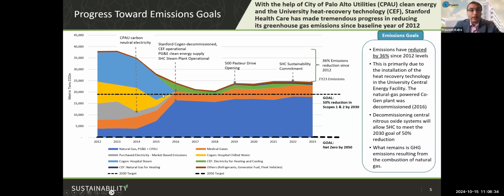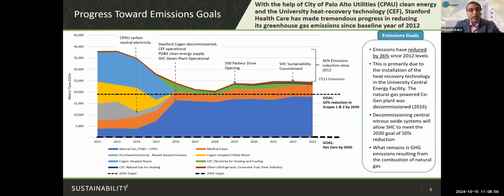Now, Stanford Healthcare made huge strides by decommissioning their cogen steam plant, as well as getting electricity from the City of Palo Alto, which provides electricity to Stanford Healthcare from renewable sources. So they made tremendous strides in reducing their carbon footprint as we move from 2012 to almost 2016.